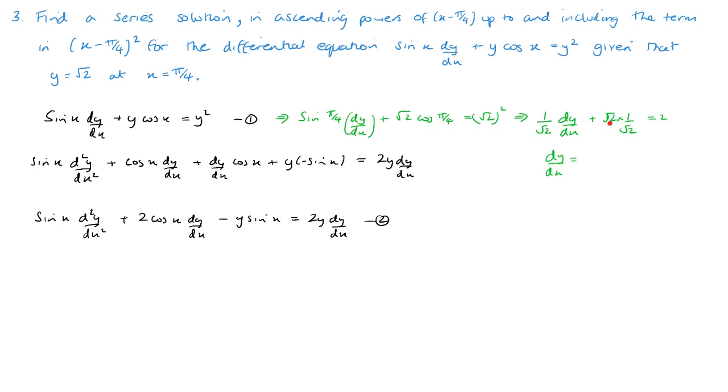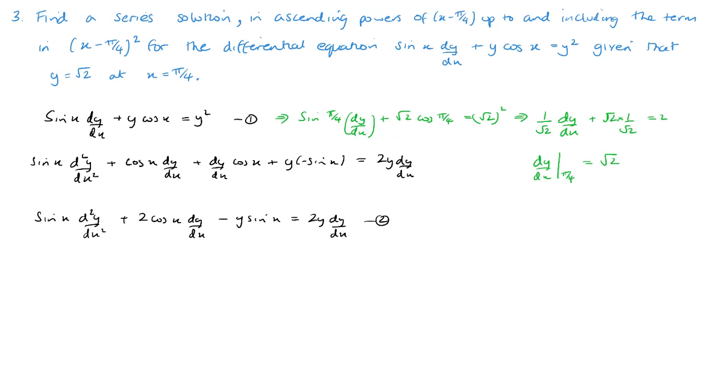So 2 minus 1 is 1 times root 2. So this is just going to be root 2. And to put it fully, dy by dx at pi by 4 equals root 2. So writing it out like that.